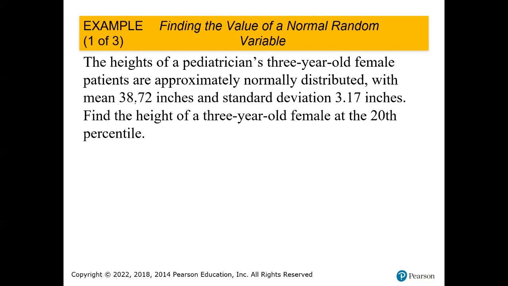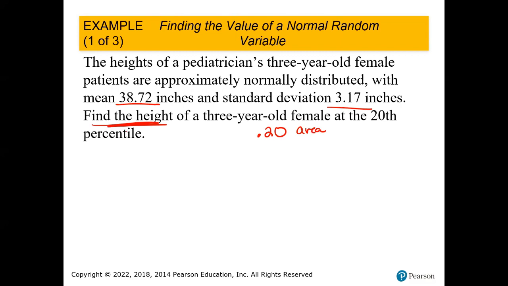Our mean is 38.72, standard deviation 3.17. What we want to do now is find the height that gives me the 20th percentile. The 20th percentile means 0.20 is the area.